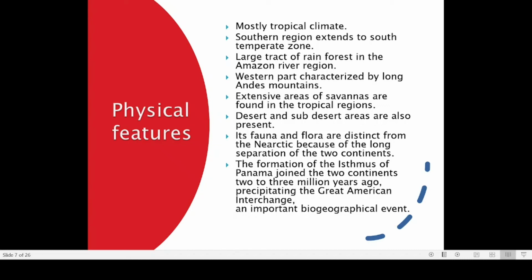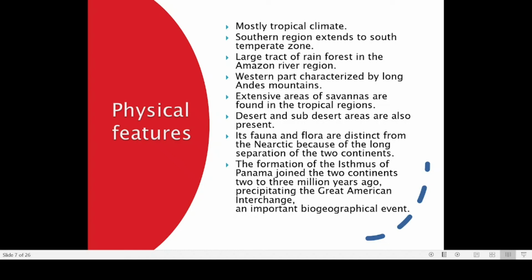And through that land connection, that is what we are today saying as Central America, there was a migration of animals from North America to South America as well as from South America to North America. This mutual migration from south to north and north to south is known by the name Great American Interchange, or simply the Great American Migration.